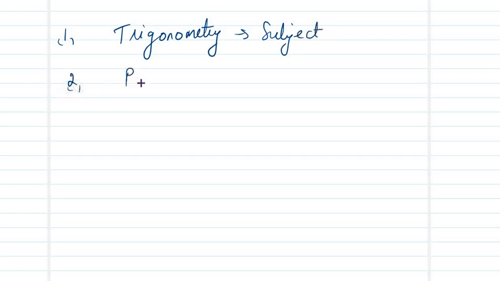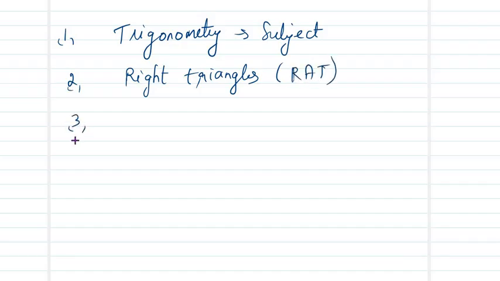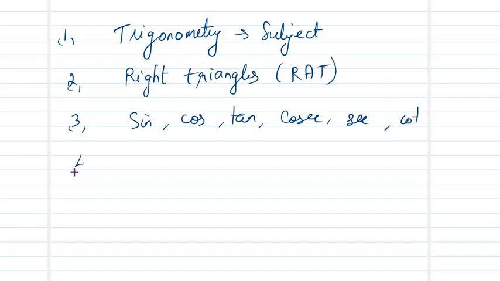We learnt about right angled triangles, which we can call RAT for short. I hope you are not afraid of rats. There are 6 different trigonometric ratios: sine, cos, tan, cosecant, secant, cot.